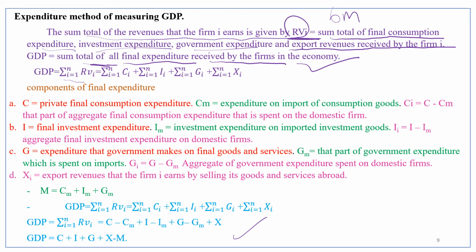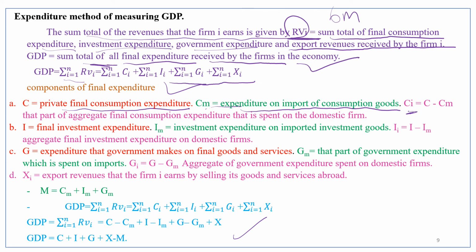Sigma i equals 1 to n RVi is equal to sigma i equal to 1 to n Ci plus sigma i equal to 1 to n Ii plus sigma i equal to 1 to n Gi plus sigma i equal to 1 to n Xi. The components of final expenditure means private final consumption expenditure, and here you can see the final consumption expenditure includes expenditure on imports of consumption goods.